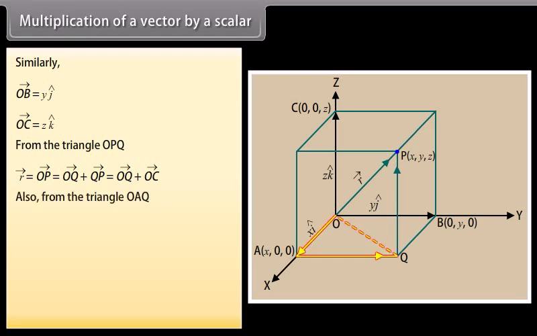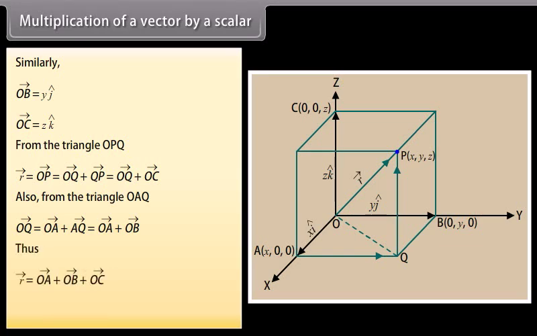Also from the triangle OAQ, vector OQ equals vector OA plus vector AQ equals vector OA plus vector OB. Thus, vector r equals vector OA plus vector OB plus vector OC. Vector r equals x cap i plus y cap j plus z cap k.